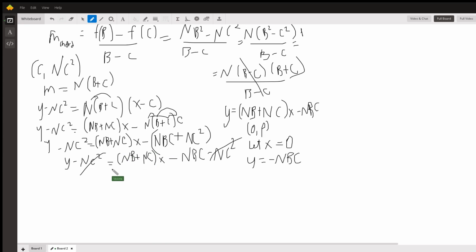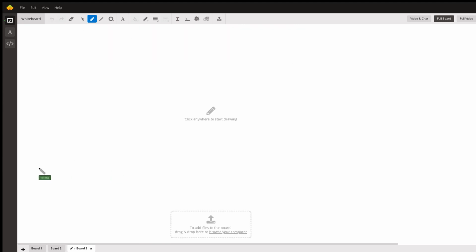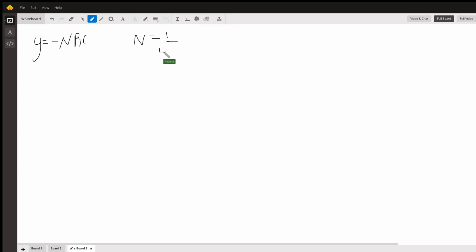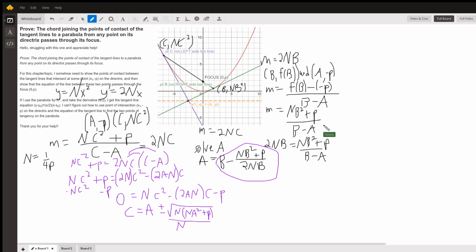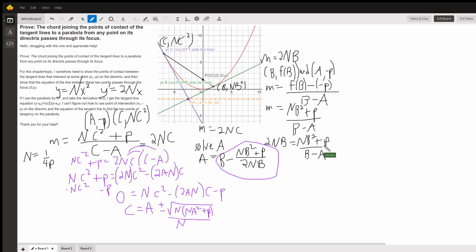Now, here's where rearranging all that stuff to be in terms of p's is very helpful. So let's start on another new board. If y equals negative n times b times c, first of all, we know that n is 1 over 4p. But back here on board 1, we solved for a. We could have solved for b in terms of p.